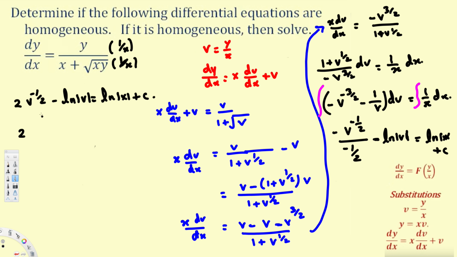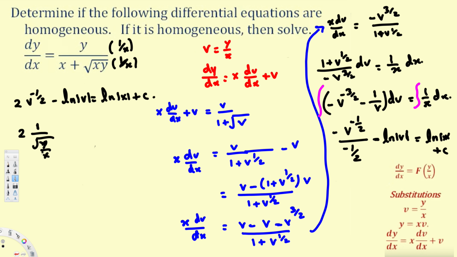We know that minus half means 1 over square root of v, and v is equal to y over x, so we can write this as 1 over square root of y over x.